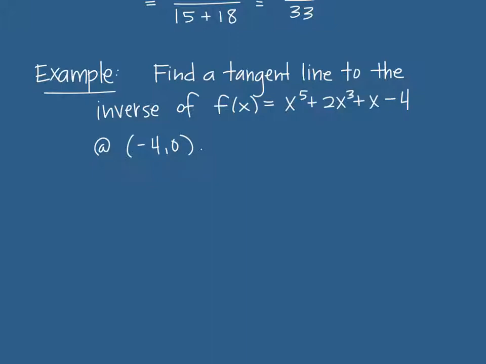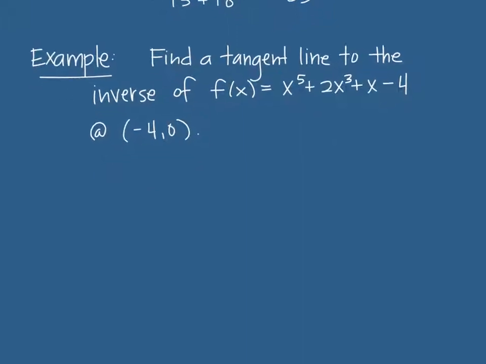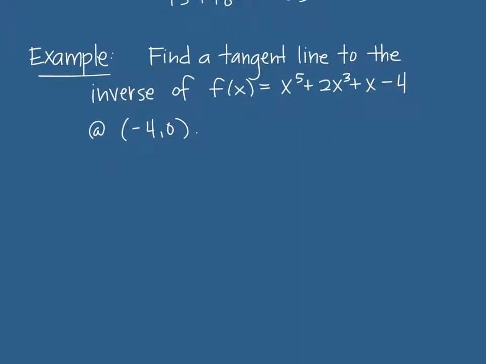Find a tangent line to the inverse of that at negative 4, 0. So what two things do you need for your tangent line? Slope and a point, right? We have our point. Our point is given at negative 4, 0.